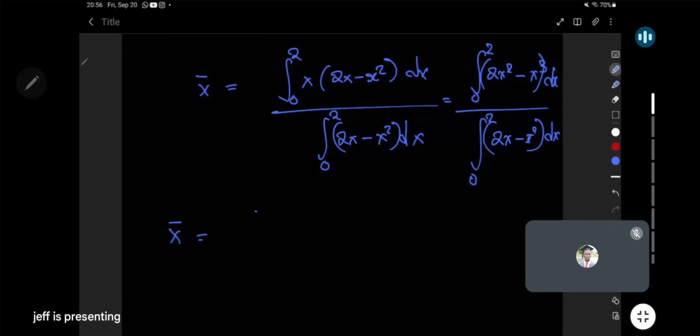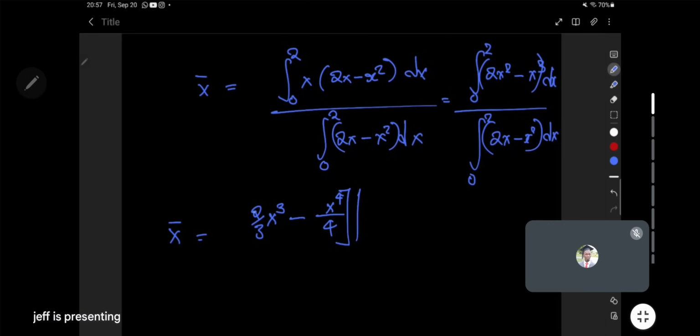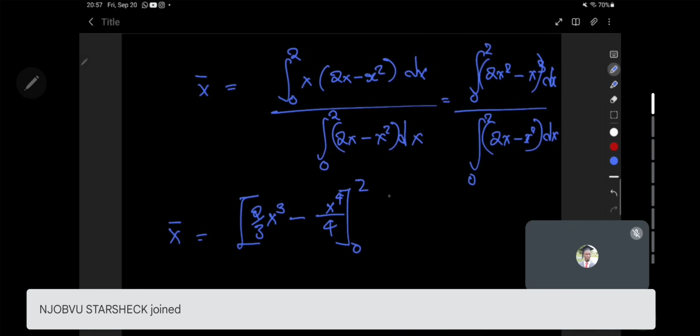So this is going to be 2 over 3 x to the power 3, minus, next one, x to the power 3, that will now be 4, so x to the power 4 over 4. So I'm going through this very fast. If I make a mistake, please don't hesitate.